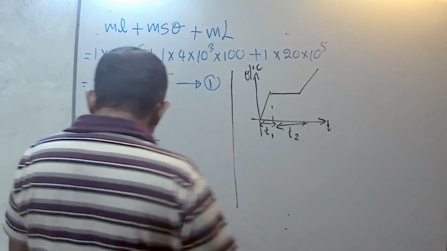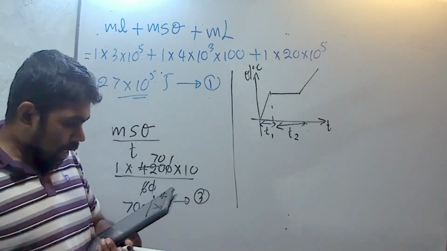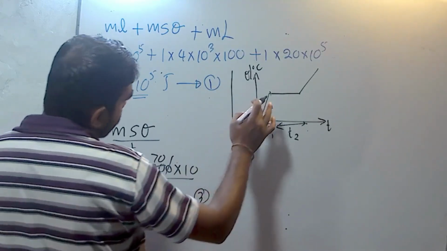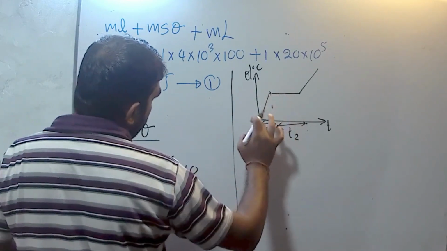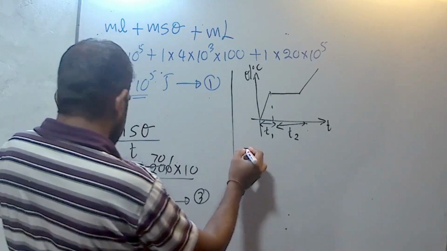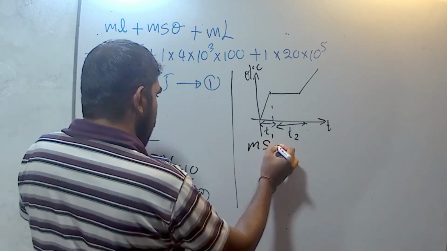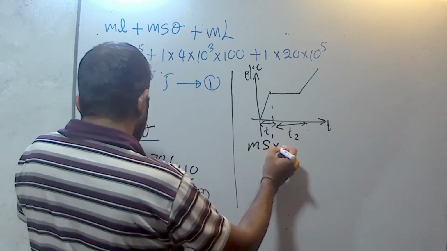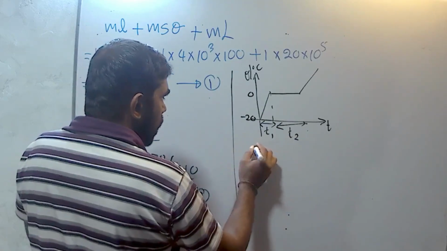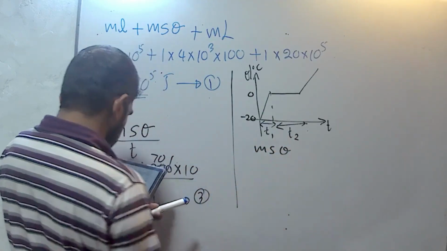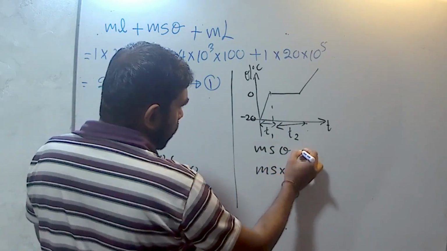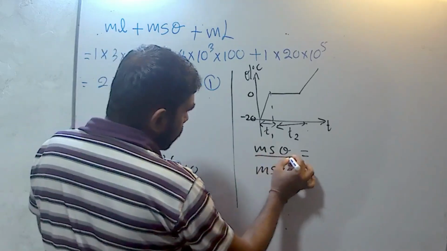Then we can get, they have given heat supply is at a constant rate. Therefore, heat used to increase the temperature of ice is ms theta type. The ms theta value is minus 20 to 0. Then ms theta value is mass into specific heat capacity into temperature 20, divided by T1. We have to get the rate.